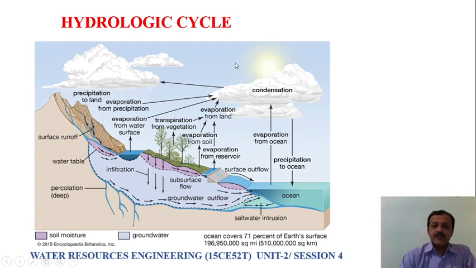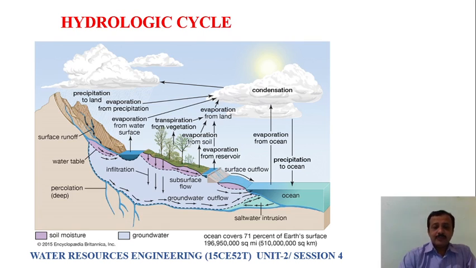There the water vapor gets cooled and condensed. Condensation takes place. What is meant by condensation? When this water vapor gets cooled, it is once again converted into water particles.